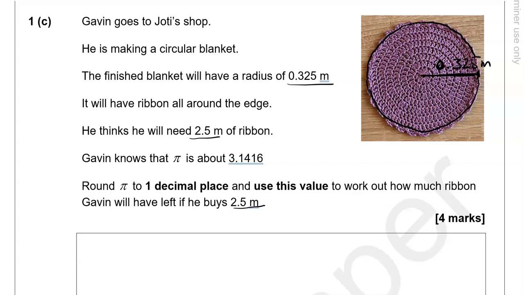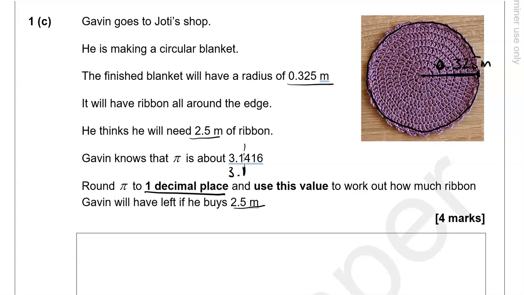He thinks he will need 2.5 meters of ribbon. So when we work out the circumference using pi equals 3.1, because we've got to round pi to one decimal place and use that. So having one digit after the decimal point.